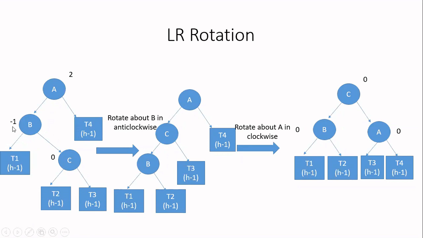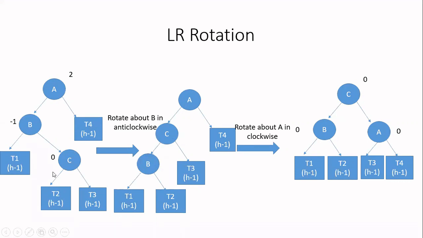I am going to pull this B down towards the anti-clockwise direction, like this. When I do that, B will come down and C will move up. When C is moving up, C has two children now. In the new tree, B is the new child of C in the left subtree.